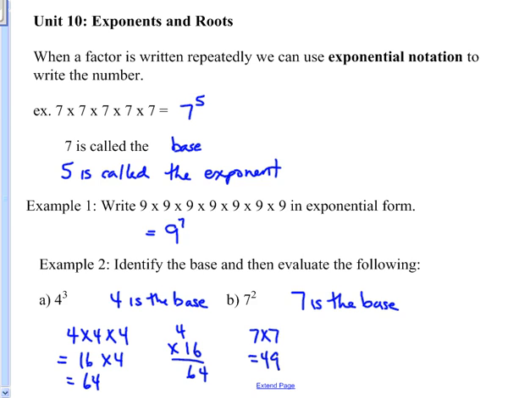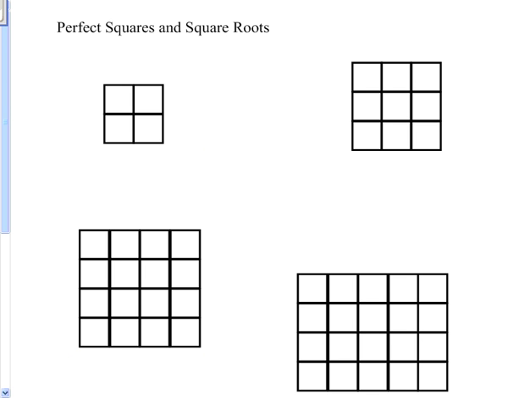Now the next thing we want to talk about is perfect squares and the connection to square roots. If I look at this square right up top here, what you'll notice is that it's 2 units wide by 2 units high. So if we were to multiply that out, 2 times 2 is equal to 4. So this one would have an area of 4 square units.